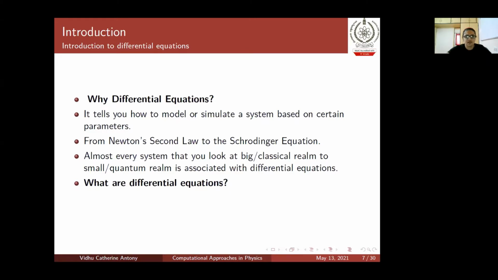The reason that differential equations are special is because you have the derivatives of the function associated with the function.